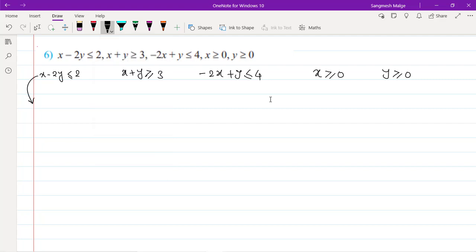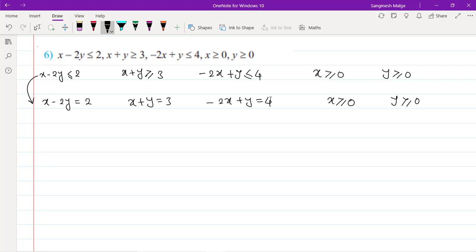First step is what? Get the standard form. x minus 2y equals 2, x plus y equals 3, minus 2x plus y equals 4, x greater than or equal to 0, y greater than or equal to 0.